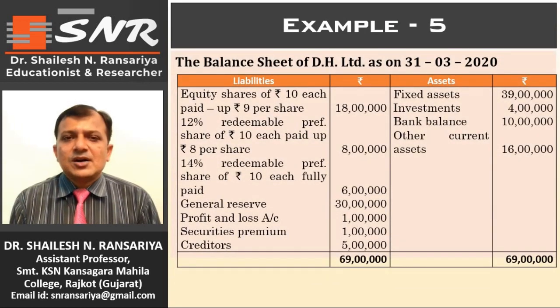The balance sheet of DH Limited as on 31st March 2020. See in the balance sheet: equity shares of rupees 10 each, paid up value rupees 9 per share; 12% redeemable preference shares, 10 each, rupees 8 paid up; 14% redeemable preference shares, rupees 10 each, fully paid up; general reserve, profit and loss account, securities premium and creditors.